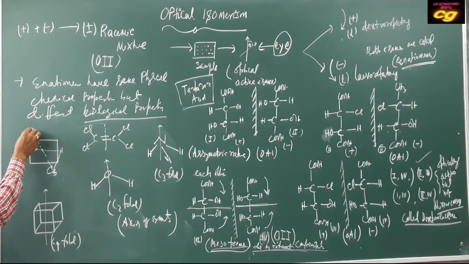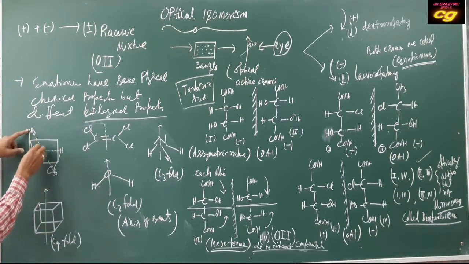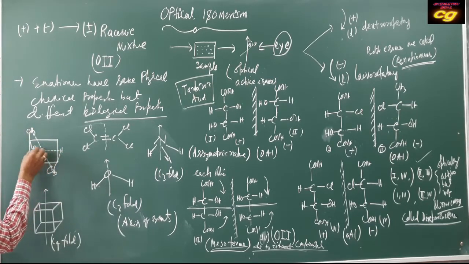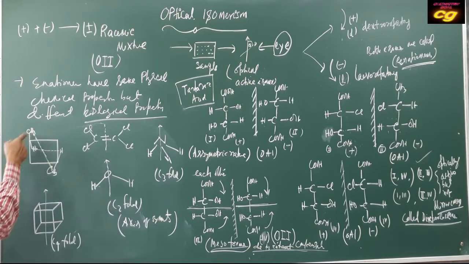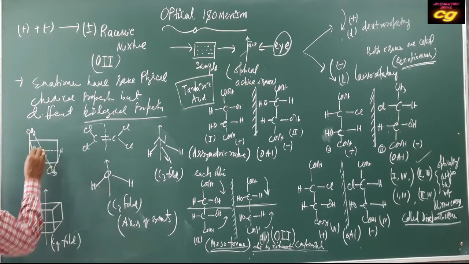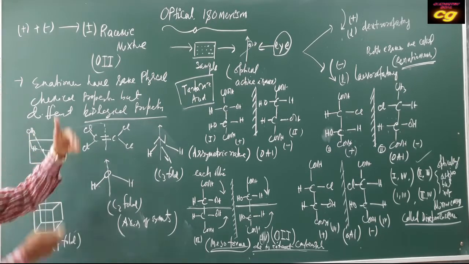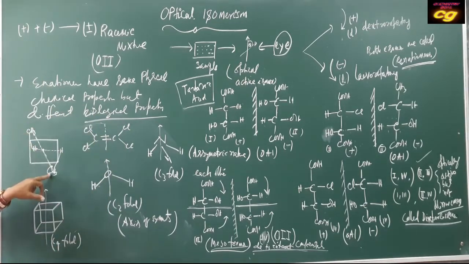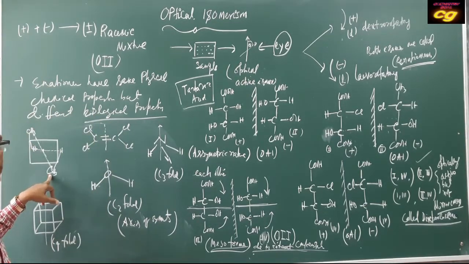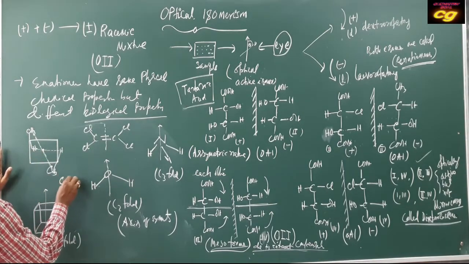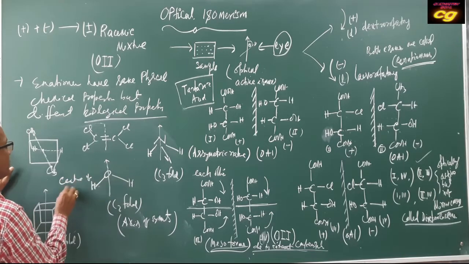If you move this group to this group through the center of this molecule, then H also comes, the same atom is repeating, methyl also comes. So it is called center of symmetry. Through this center, if you join atoms and groups above to below, if the same group, same atoms come again, that is called center of symmetry.